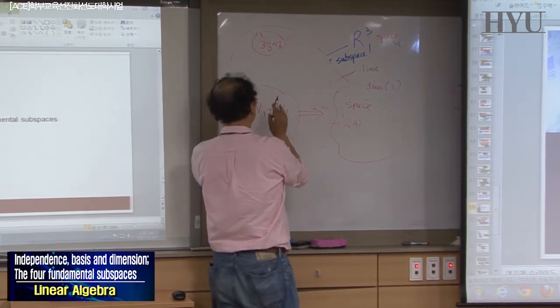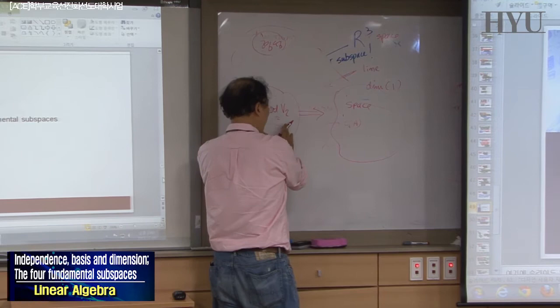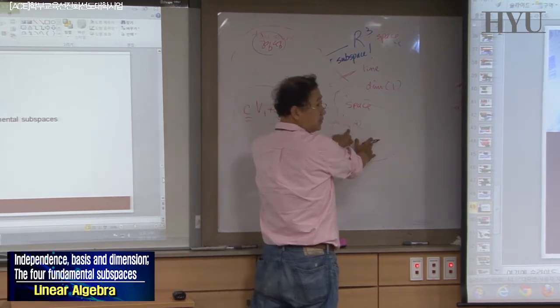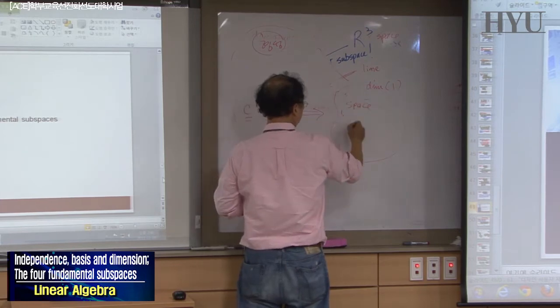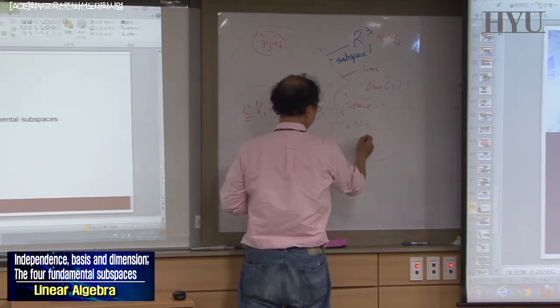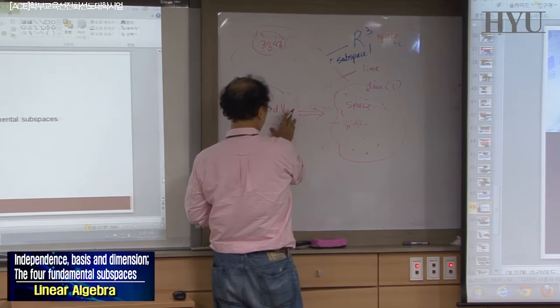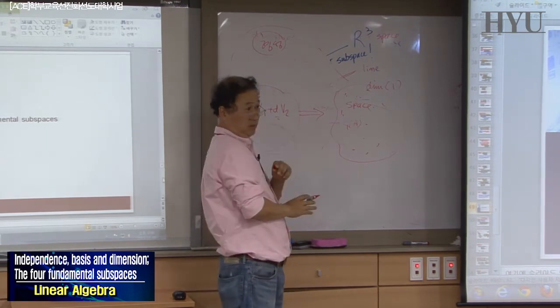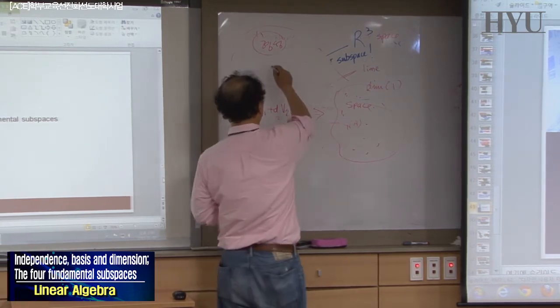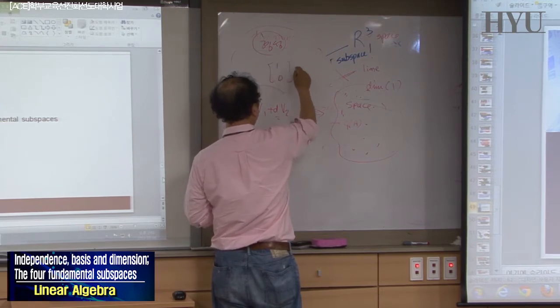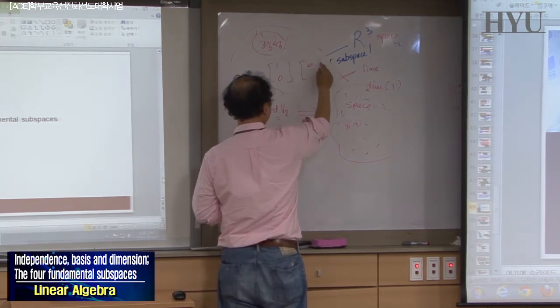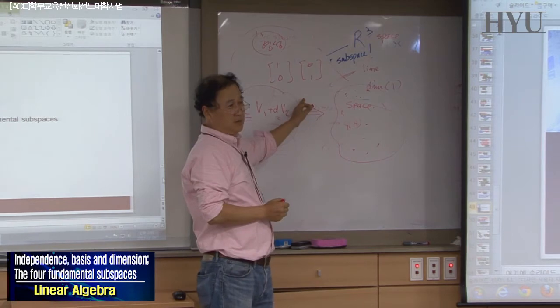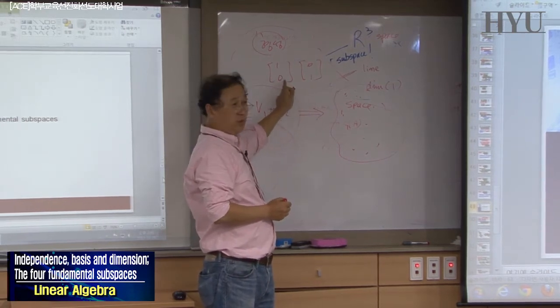In that case, I say these two vectors span this space. Okay? So all of the points in this space can be represented by a linear combination of the two vectors. So when I say this 1, 0, 0, 1, it is a space which is spanned by two vectors.